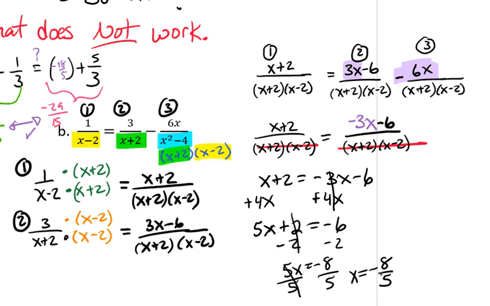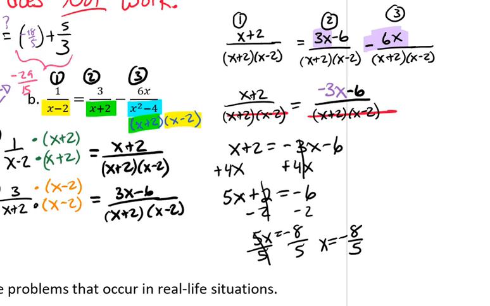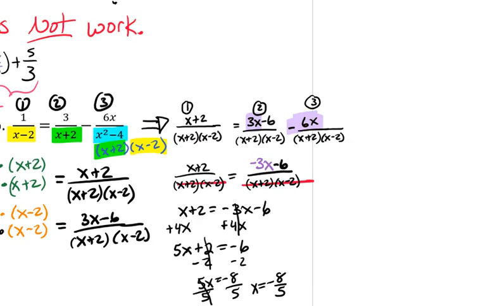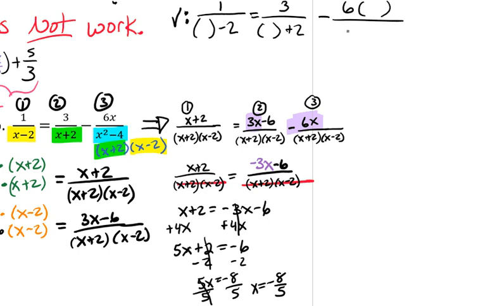And now we just need to check it to see if it's going to work. All right, so we'll go ahead and do our check. We'll do it up here where we've got some room. So 1 over x minus 2 equals 3 over x plus 2 minus 6 times x over x squared minus 4.